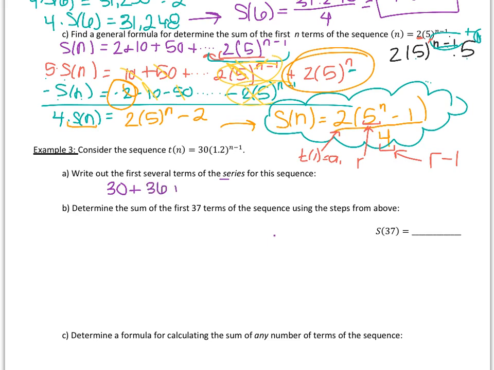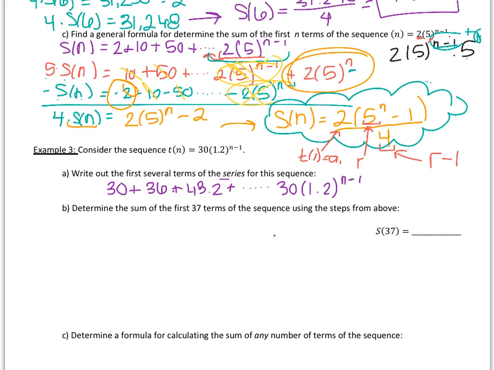Then I take 36 and multiply by 1.2, and I get 43.2, and so on. If I go up to the nth term of this series, then my last term would be 30 times 1.2 raised to the n minus 1. So this is the series written out.